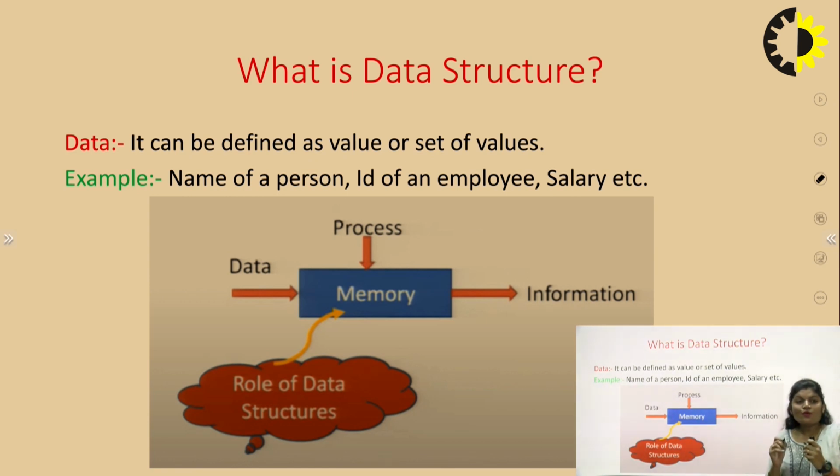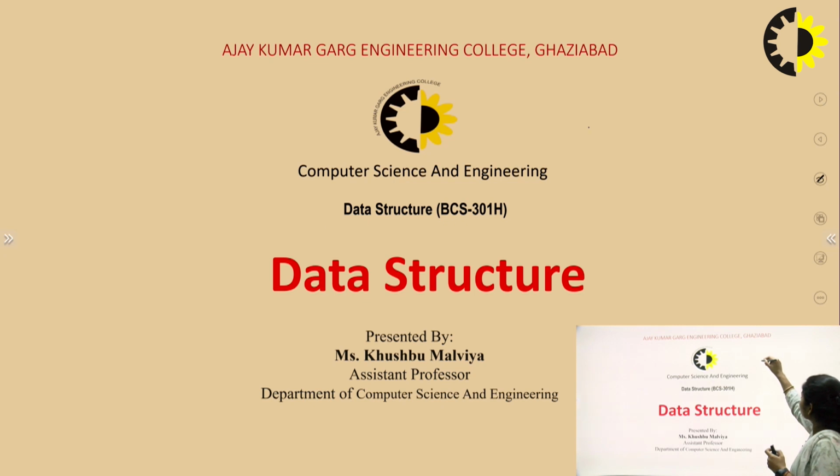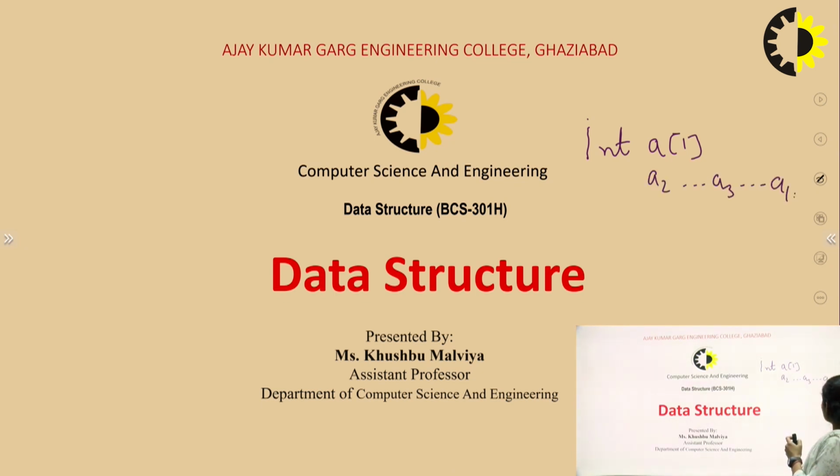Suppose you want to store 10 elements. What do you do? You write integer A1, A2, A3 up to A10. But if you know about a data structure, which is the array, you only write one variable, A of 10, and the data type is integer.